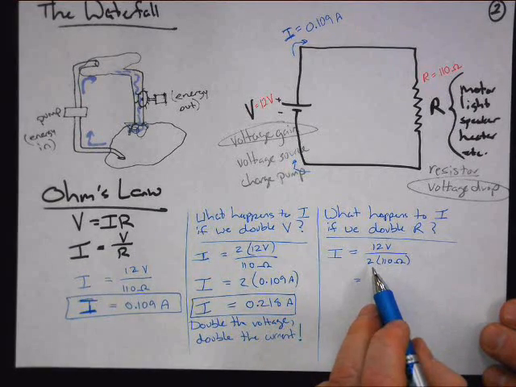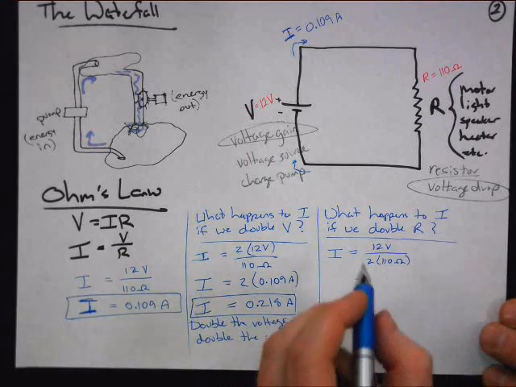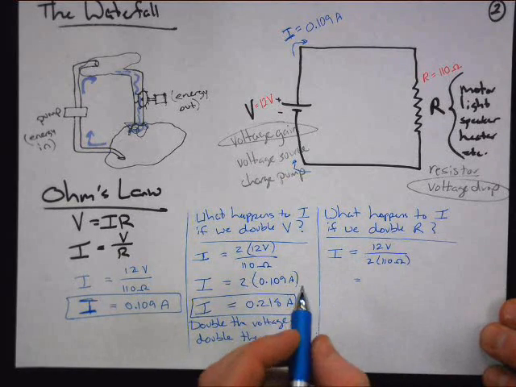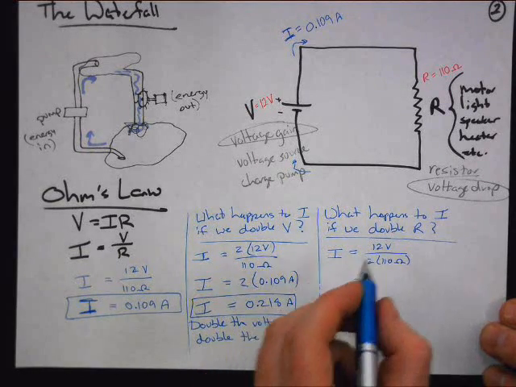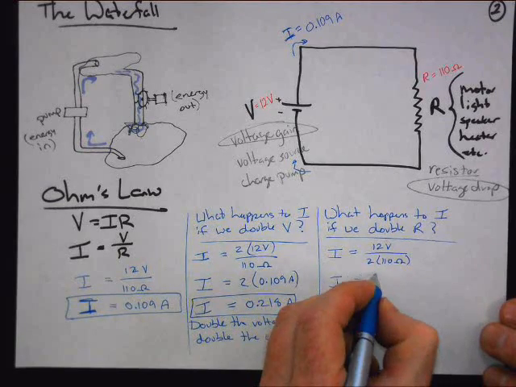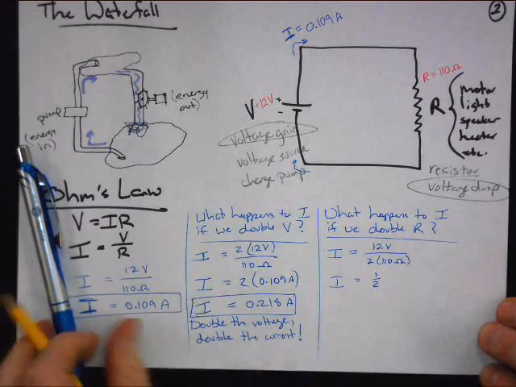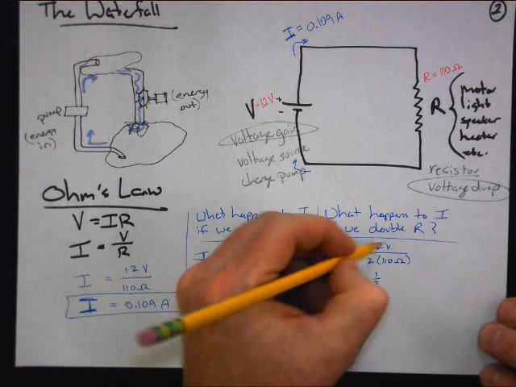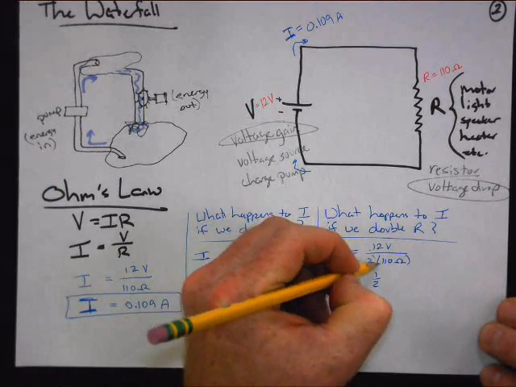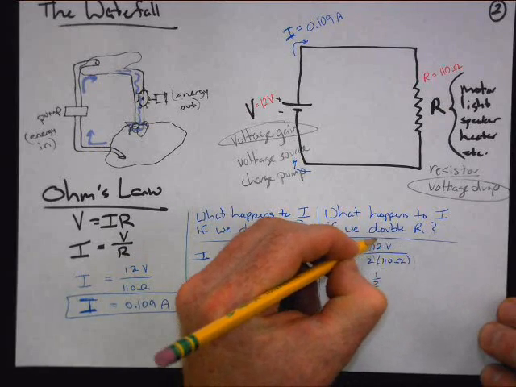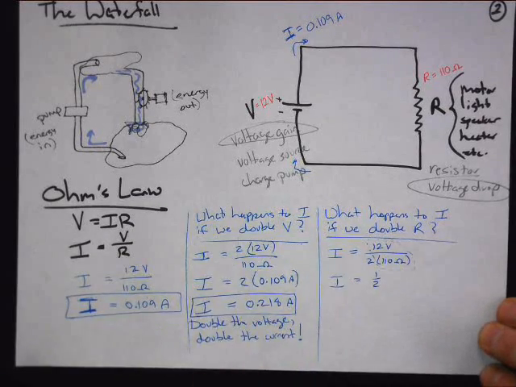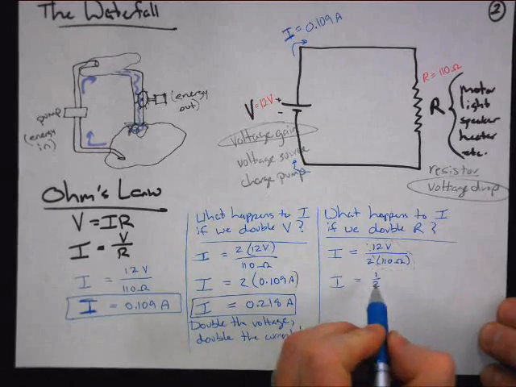Well, look at that. The 2 is now in the denominator, so the whole thing gets smaller. I'm essentially multiplying by 1/2, right? And so that's going to be multiplying by 1/2 the original answer. Remember, the original answer was 12 divided by 110. Well, I've got my 12 divided by 110 right there, and then I'm having to multiply by 1/2.